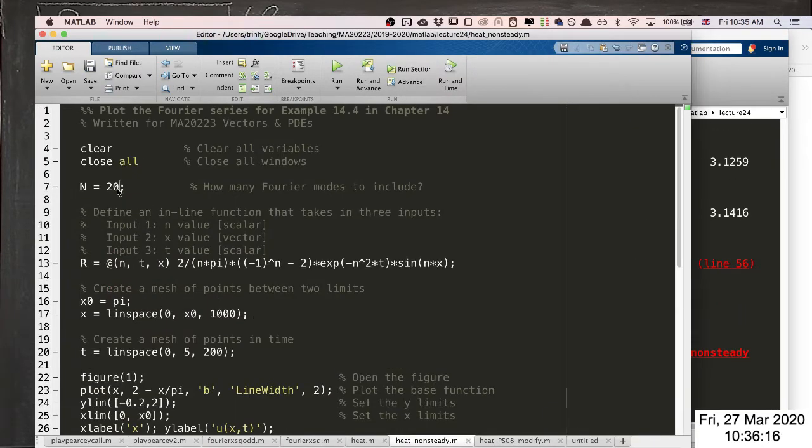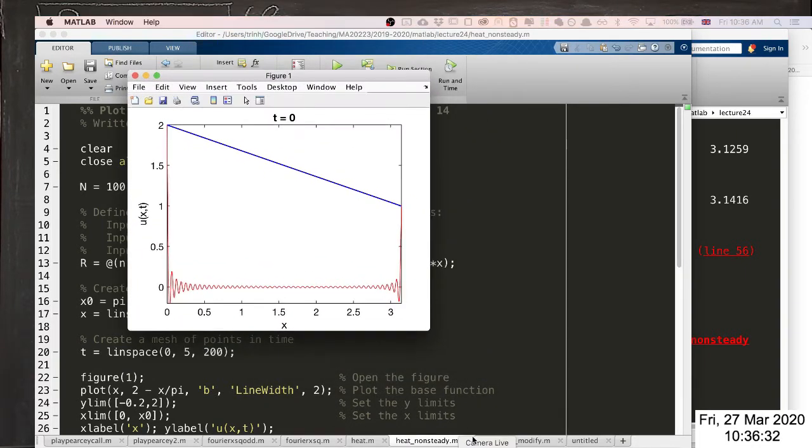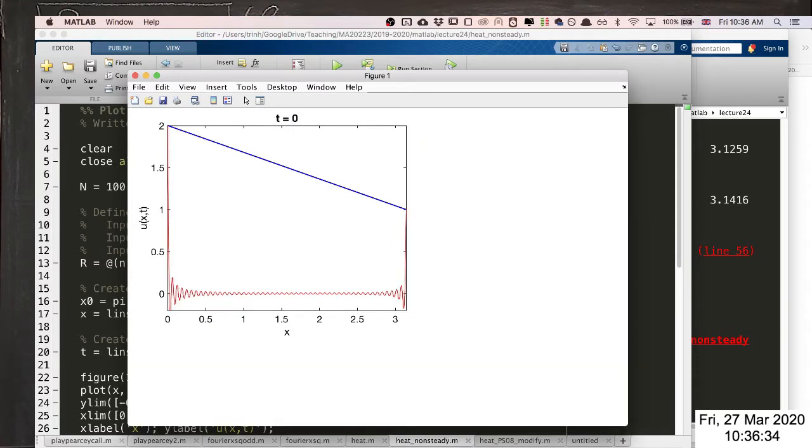Now let's use 100, and what we should see is that very first approximation, which didn't look so good, was supposed to be 0 within the bulk of the bar. It's now looking, well, actually it doesn't look so much better. Even at 100 modes, it doesn't look so great.